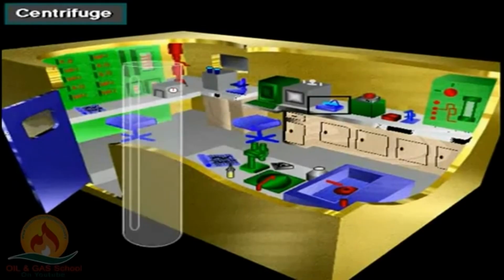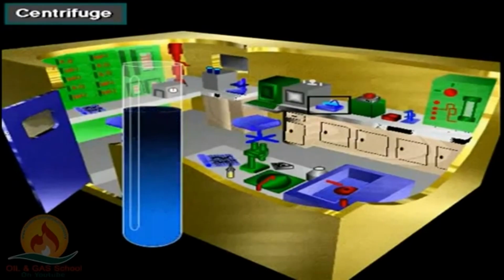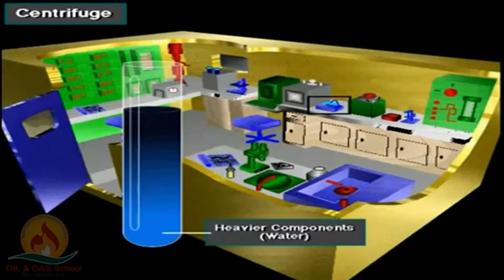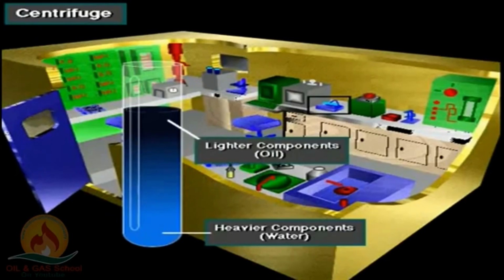Loggers put the fluid samples into a test tube and then put the test tube into the centrifuge. The spinning or centrifugal motion separates the fluid into its components. The heaviest components, usually water, collect on the bottom of the tube. The lighter components, such as oil, collect in the tube above the water.